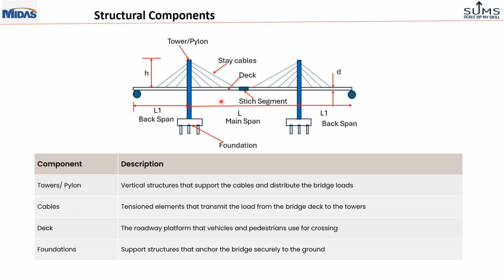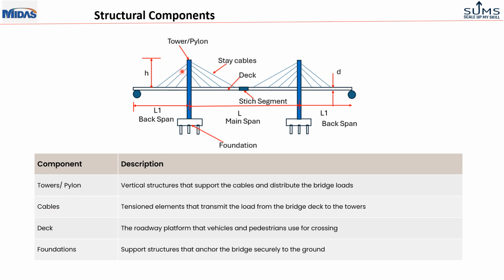This slide presents the structural components of cable stayed bridge. So as you see, this is the tower, also called pylon, and this is the major component used for transferring the compression force to the foundation.